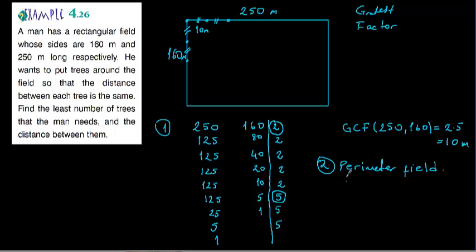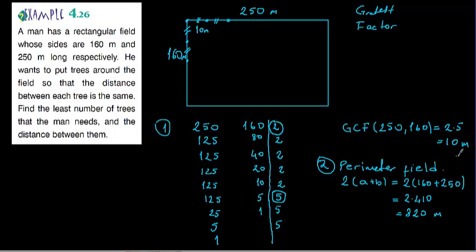So the perimeter of the field is equal to 2 times (A plus B), which is equal to 2 times (160 plus 250), which is equal to 2 times 410, which is equal to 820 meters. That is the perimeter of the field.